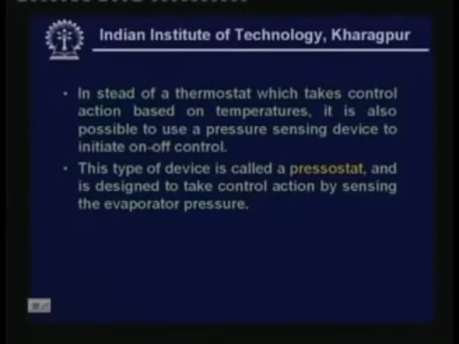That means instead of operating between cutout and cut-in temperatures, it will be operating between cutout and cut-in pressures. The device used for this purpose is known as a pressostat, not a thermostat. It is designed to take control action by sensing the evaporator pressure.